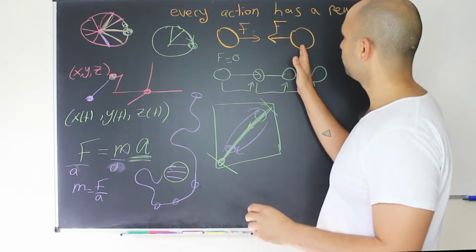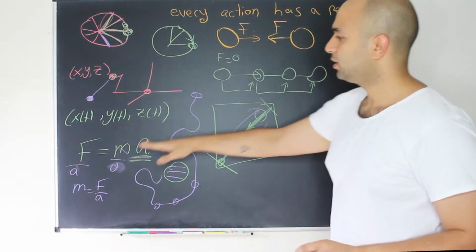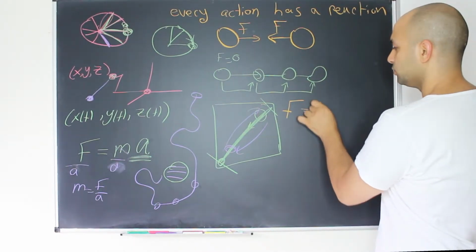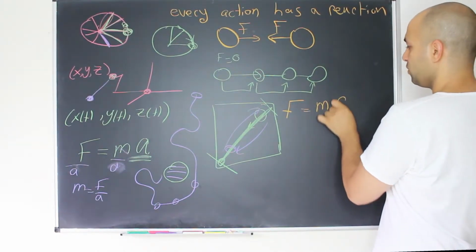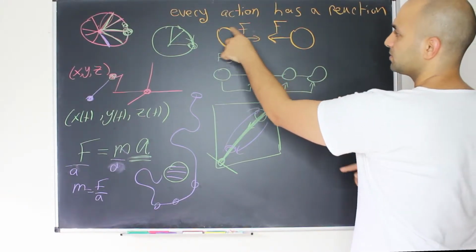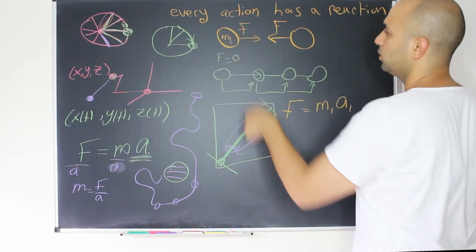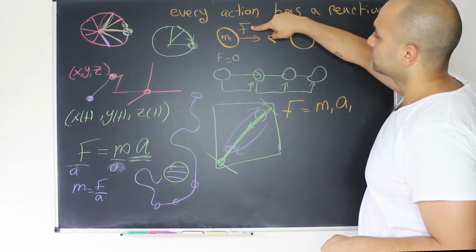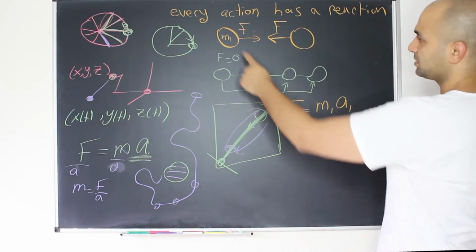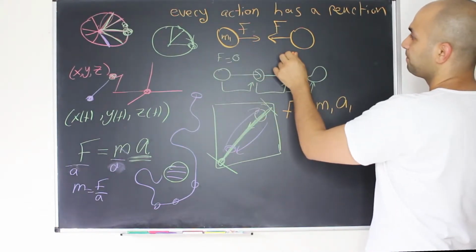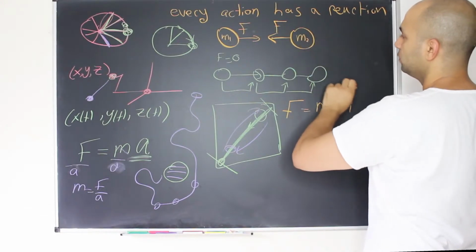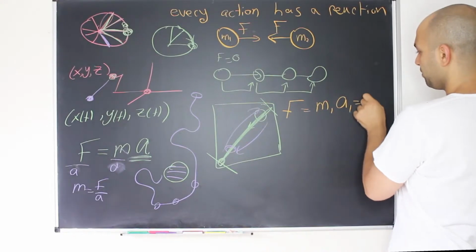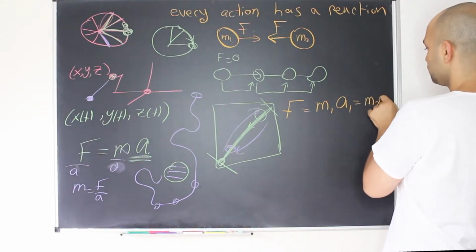Okay, so now let me show you how we can use this to define the mass. So you're saying that F is equal to m1 a1, right? This particle has mass m1 that we don't know. It has a force here. So the force is equal to m1 times its acceleration, and we can measure acceleration. This one has m2, which we don't know. It has the same force, so this part is equal to that part, m2 a2.